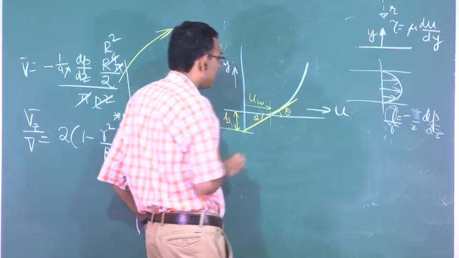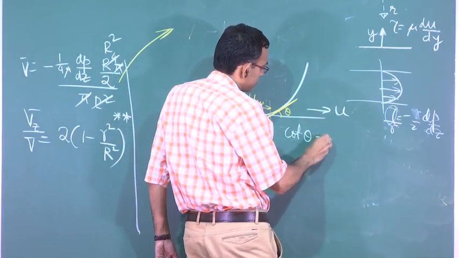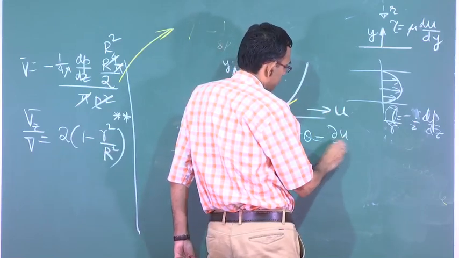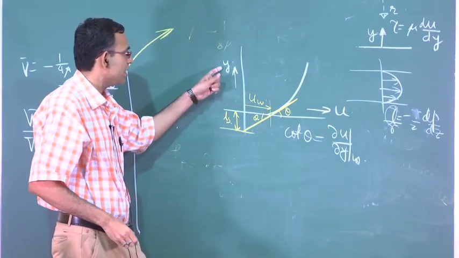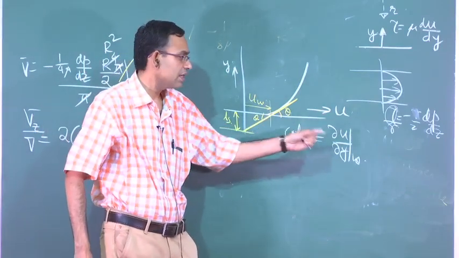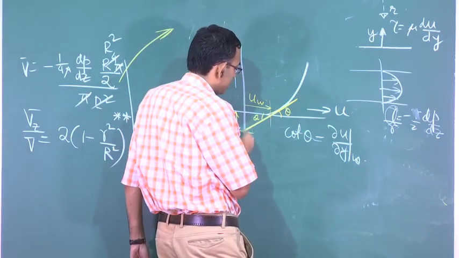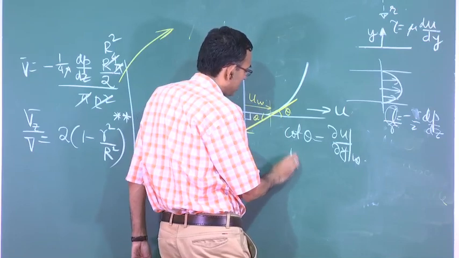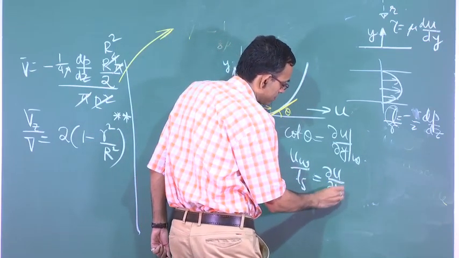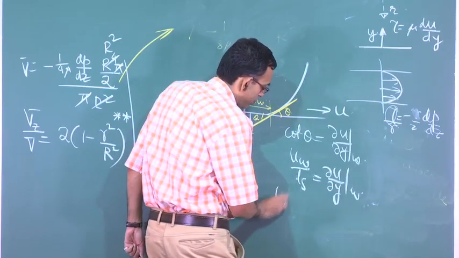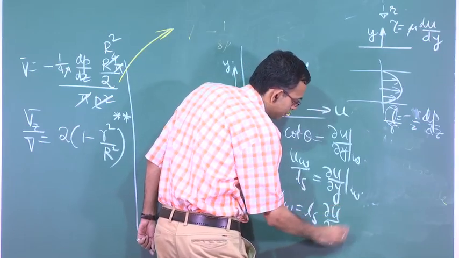So if this angle is theta, you will get cot theta, because tan theta is dy du. So cot theta from this right angle triangle is u wall by Ls. So you can write u wall is equal to Ls del u del y at the wall.